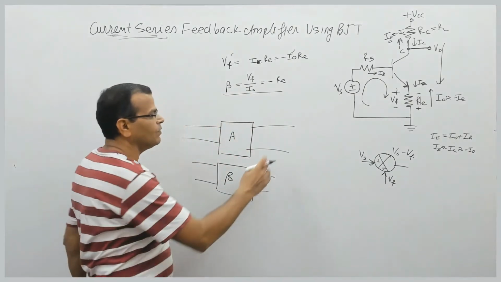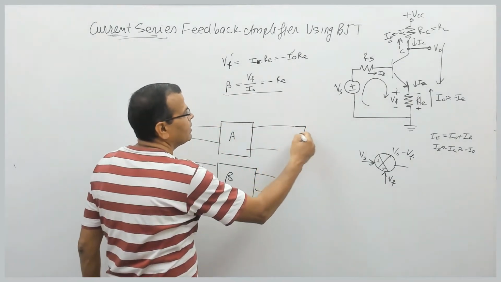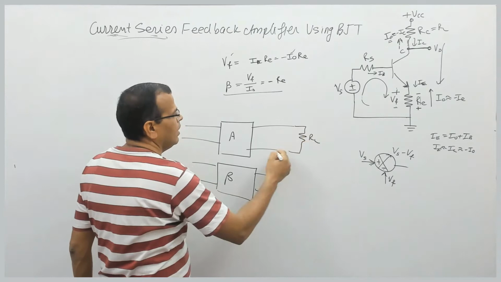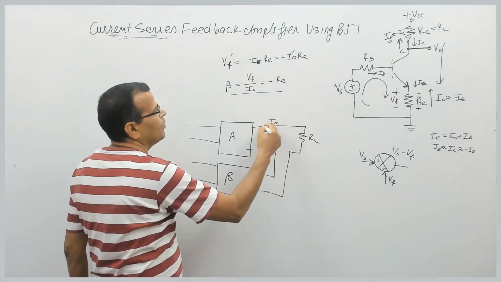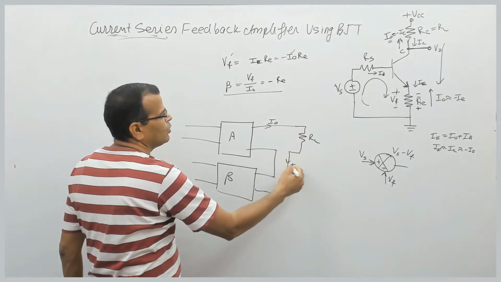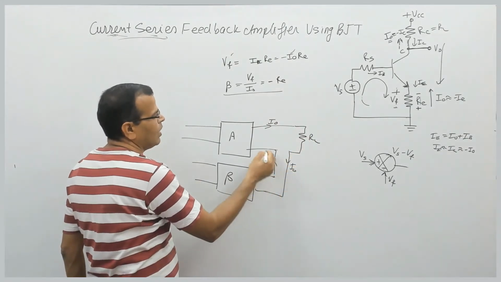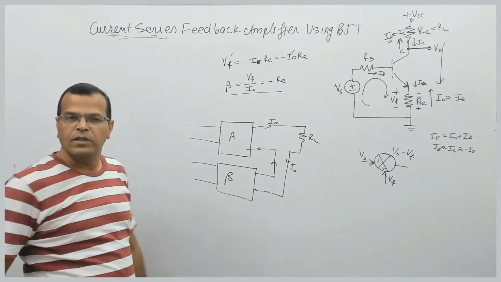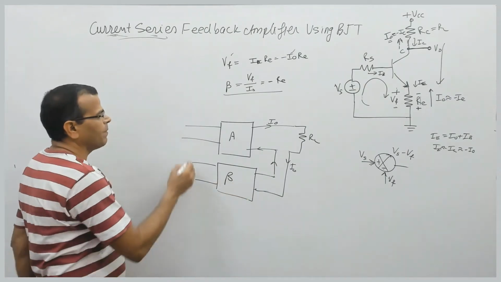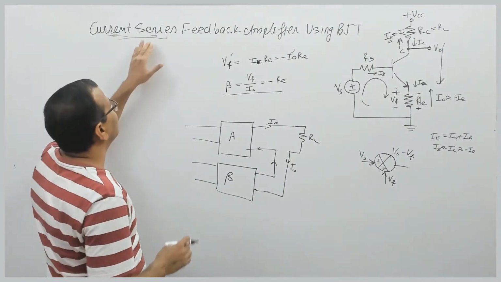So for series sampling, the load RL should be connected in series like this. The output current flows through RL, goes to this circuit and comes back like this. So the output current passes through the feedback circuit. Fine. Now it is voltage series.